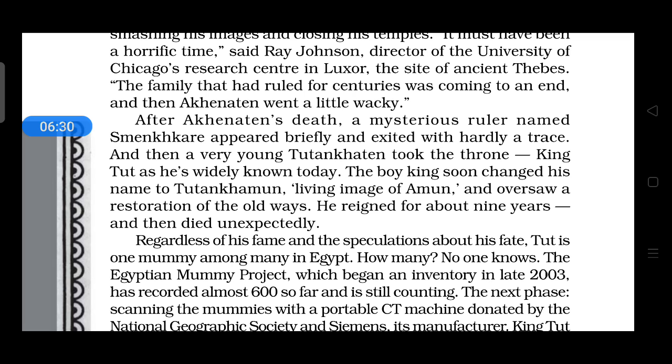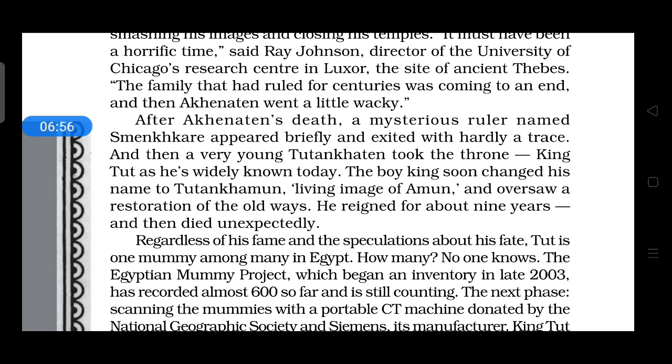And then a very young Tutankhaten took the throne, King Tut, as he is widely known today. The boy king soon changed his name to Tutankhamun, and this name we all know, Tutankhamun, living image of Amun, and oversaw a restoration of the old ways.